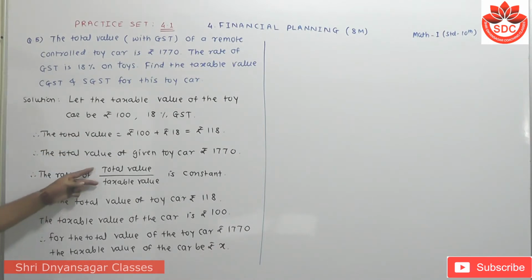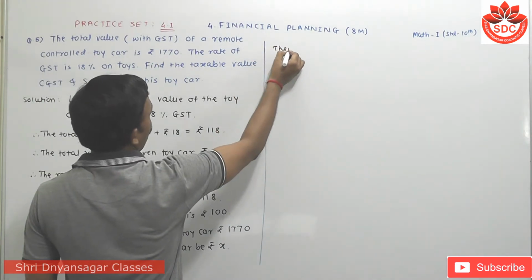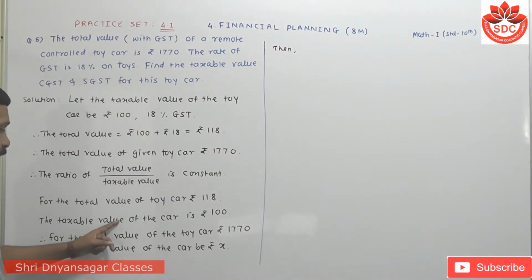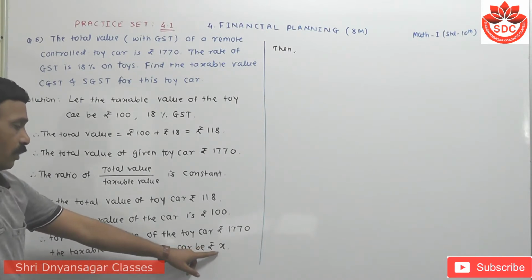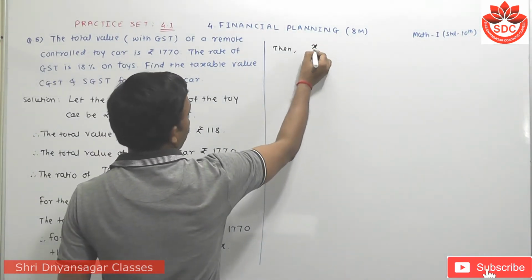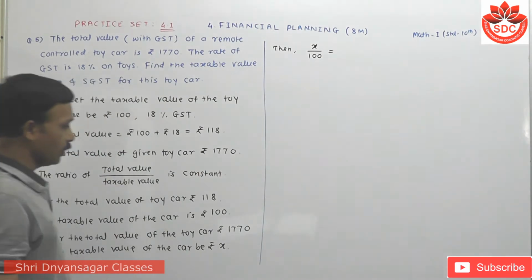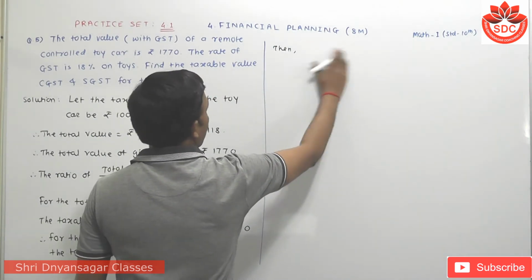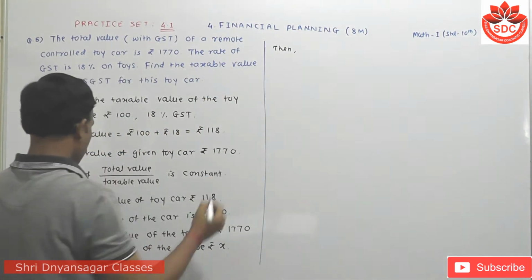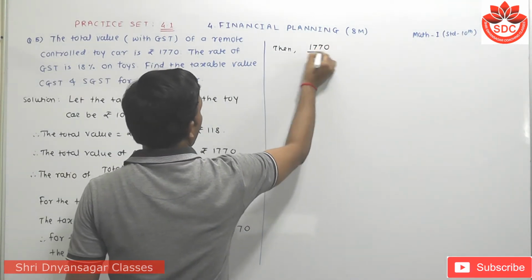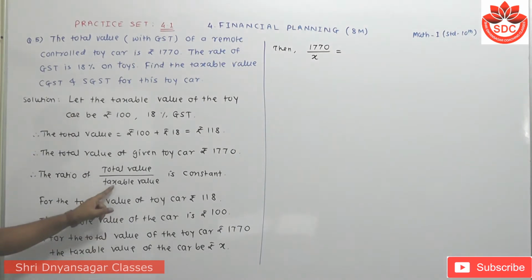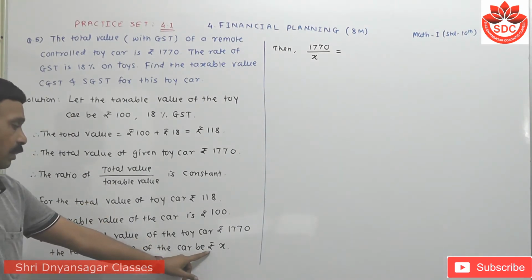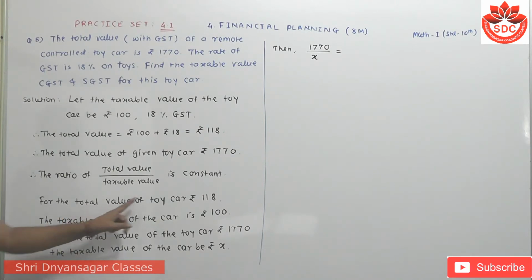Now students, since this ratio is constant, we take total value upon taxable value: 1770 upon x is equal to total value 118 upon taxable value 100.